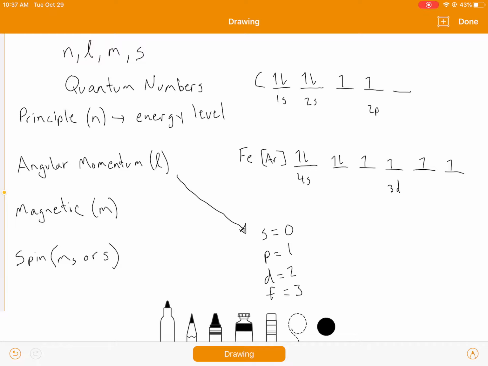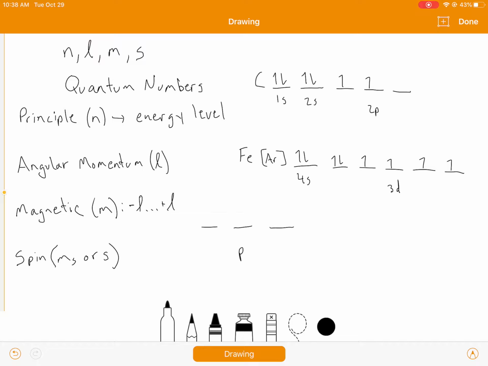The magnetic quantum number tells you which of the orbitals the electron is placed in. You already know the sublevel from the angular momentum number. Now you have to know what orbital within that is being used. Let's look at a p sublevel for a moment. Any p sublevel has three orbitals. The magnetic quantum number can be any number that goes from negative l all the way up to positive l.